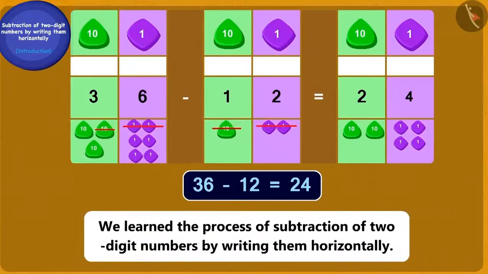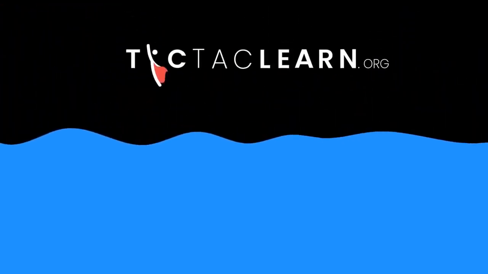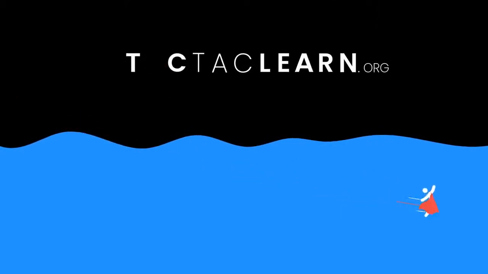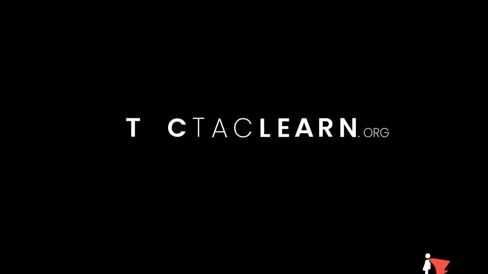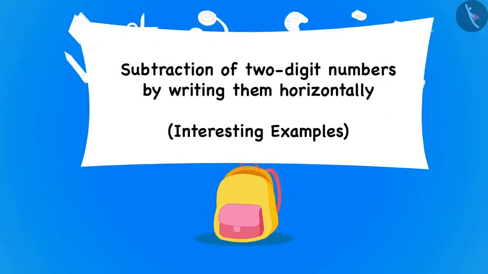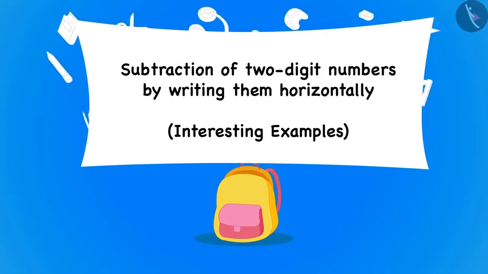Children, in this lesson, we learned the process of subtraction of 2-digit numbers by writing them horizontally. In the next lesson, we will see some interesting examples of subtraction of 2-digit numbers by writing them horizontally.